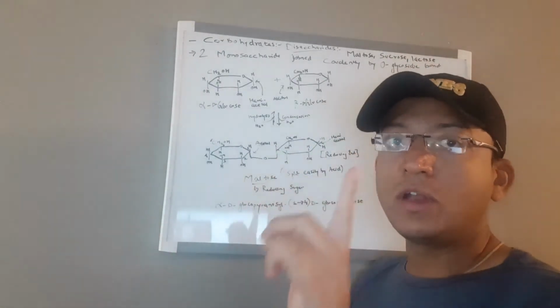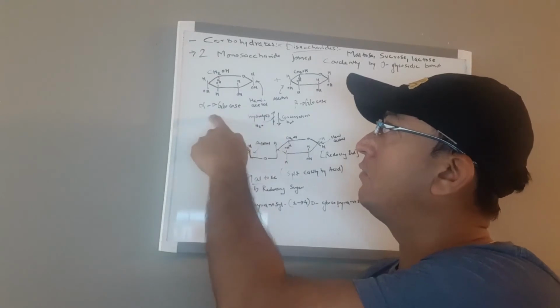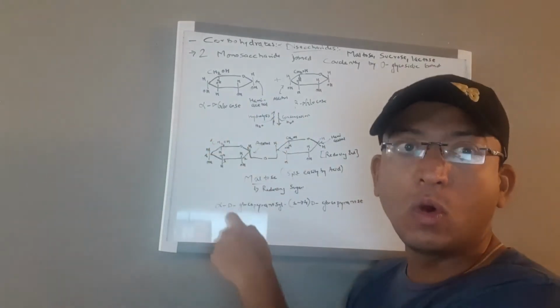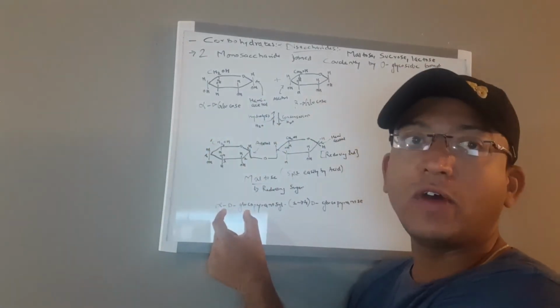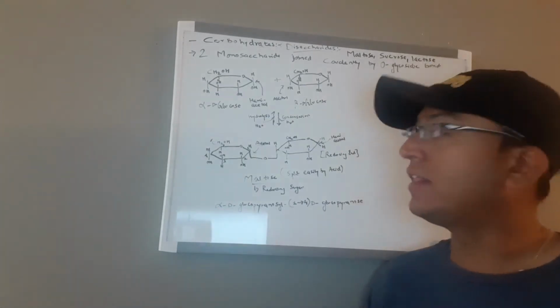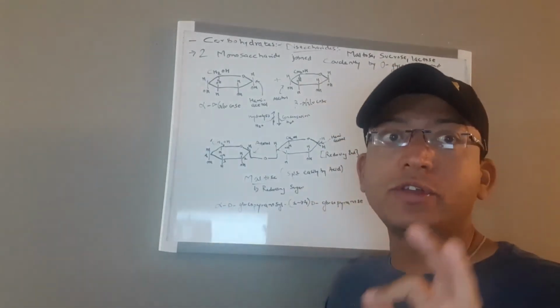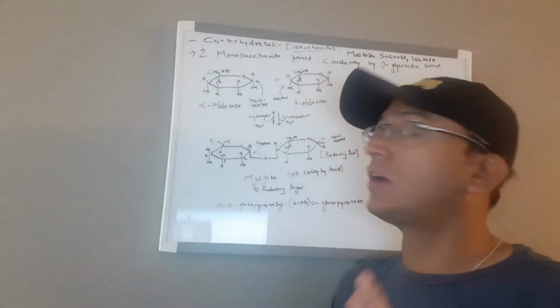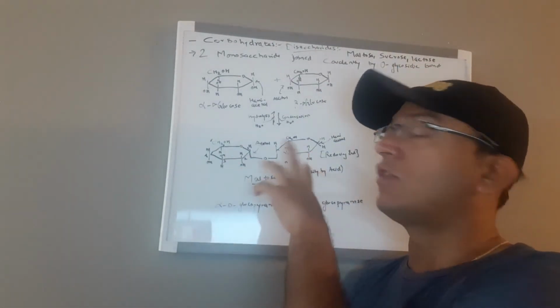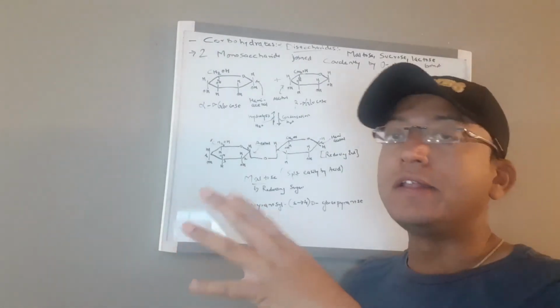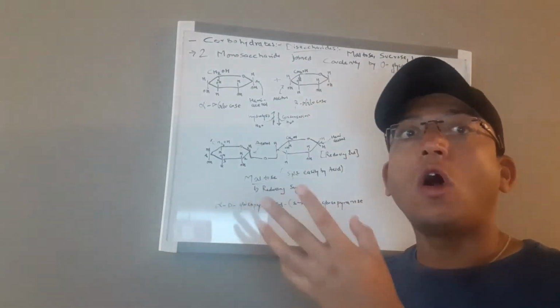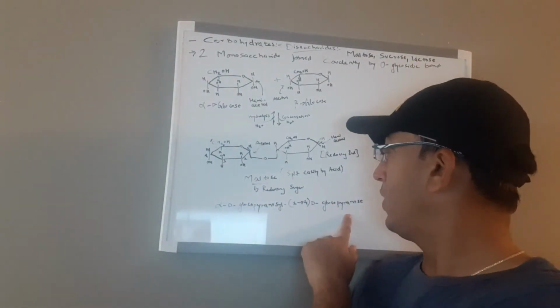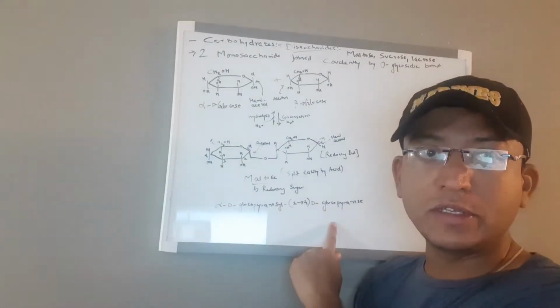So as number 1, we give the configuration, alpha or beta, and D-gluco for the first part. And if it's a 5- or 6-membered ring structure, we can insert furano or pyrano into the name, as you can see.